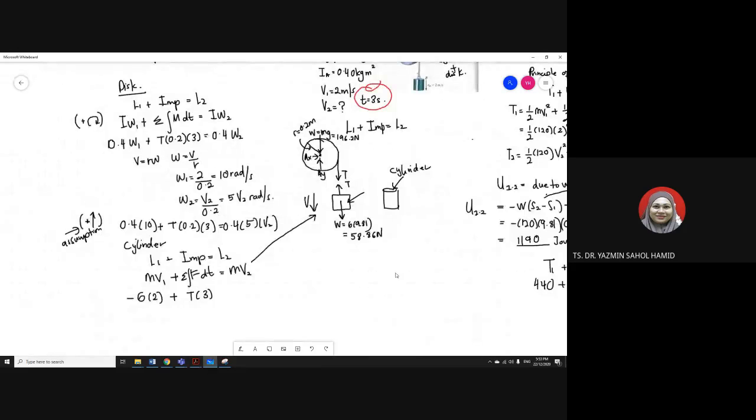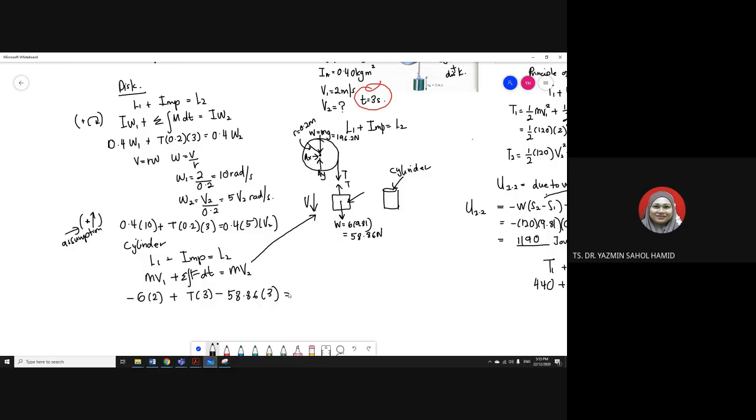Now it's not only T multiplied by 3 seconds. What else do we need to multiply? Negative 58.86 multiplied by 3. If you notice, because our tension is going up, it's positive, and our weight is going down, that's why we put a negative sign there.